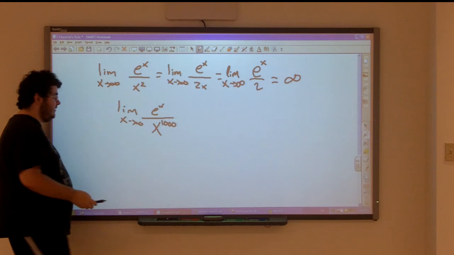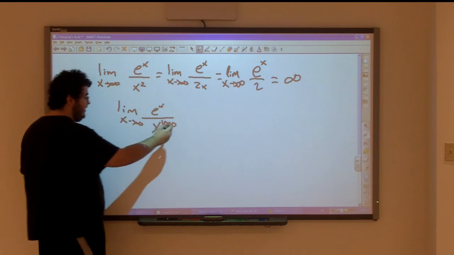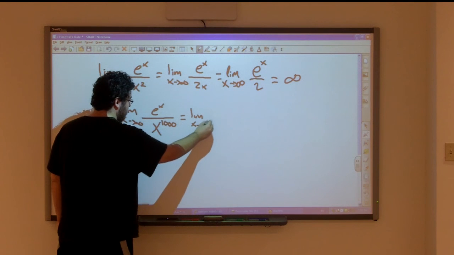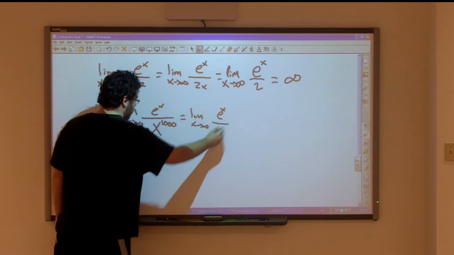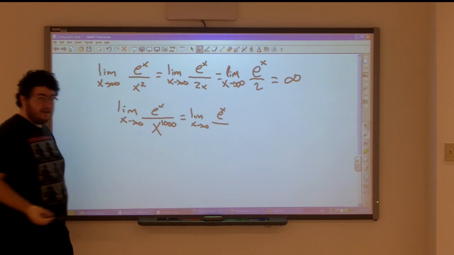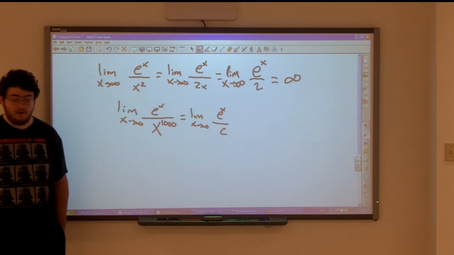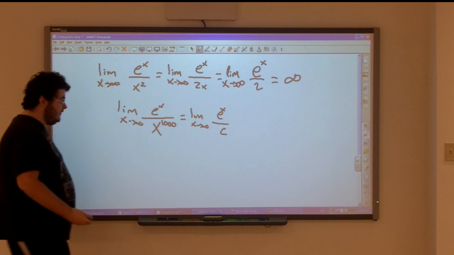What we would get is that this would always stay e to the x, and then we would just take the derivative 1,000 times, and we would get some constant, which would end up being something like 1,000 factorial. But it's still a finite number.